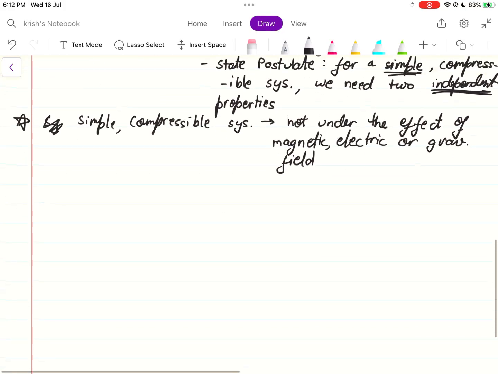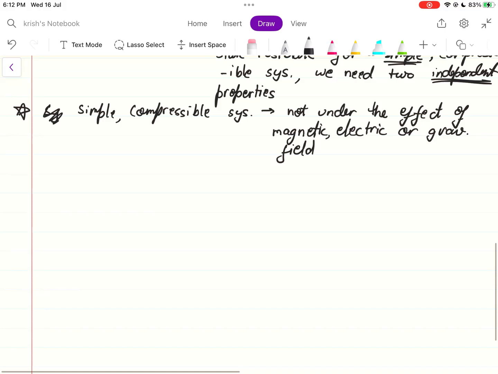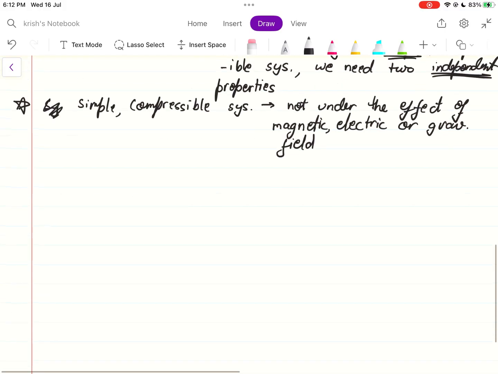Now let us describe what is a process. Actually, before this, I think it would be wise to describe what is equilibrium, since process is what happens to the equilibrium, right?